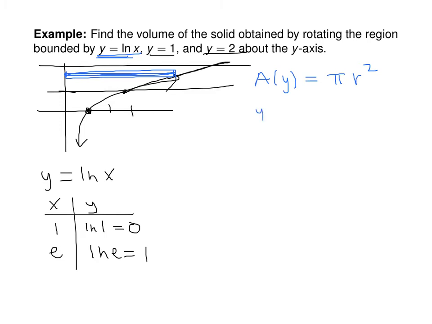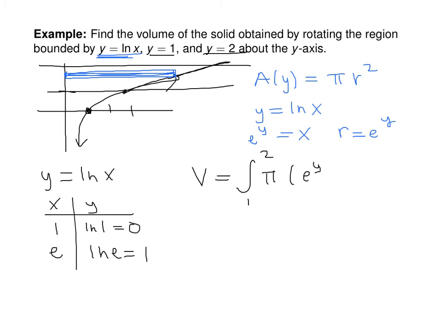So if y is equal to ln of x, we exponentiate both sides and we get e to the y equals x. So my radius is equal to e to the y. Thus the volume is equal to an integral from 1 to 2, because your slices begin at 1 and end at 2, pi times e to the y squared.